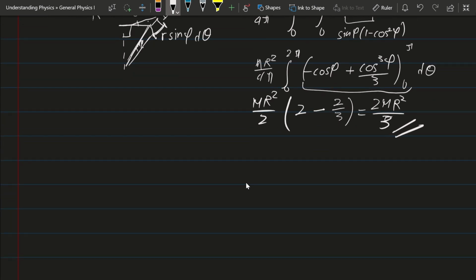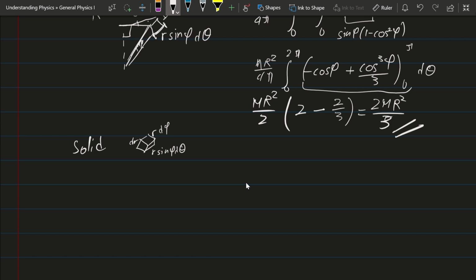So we should do the same for a solid sphere. For the solid sphere, the only thing that changes will be the small mass, which will later involve this dr. So it will be dr, r sine phi d theta, and also r d phi.